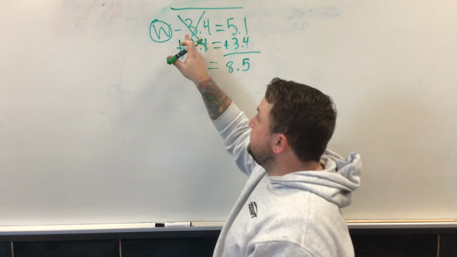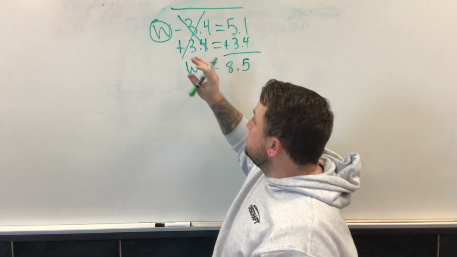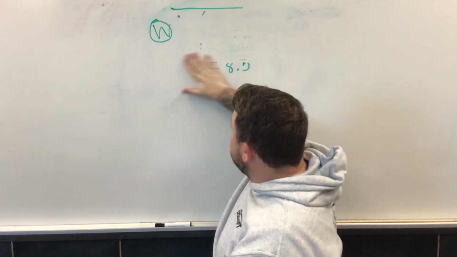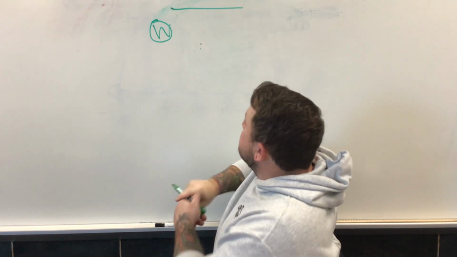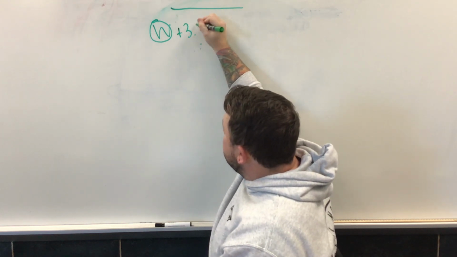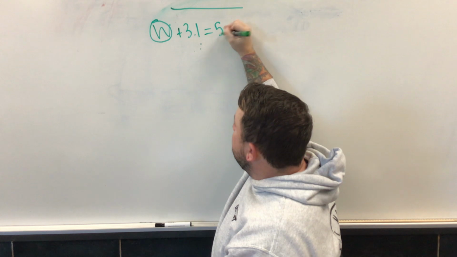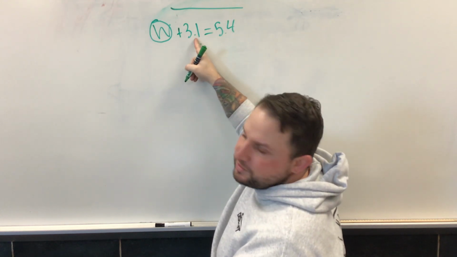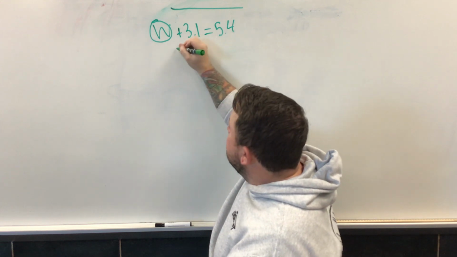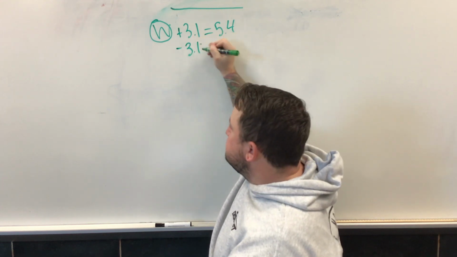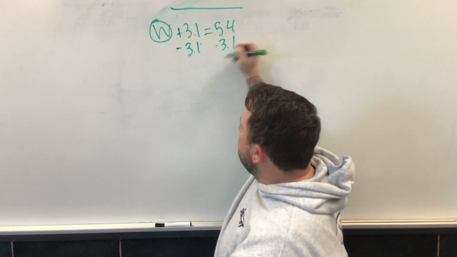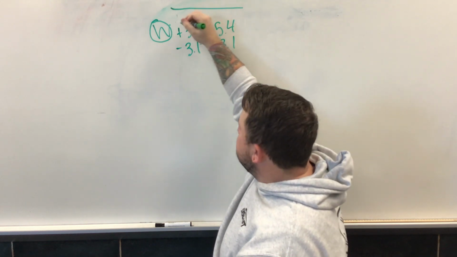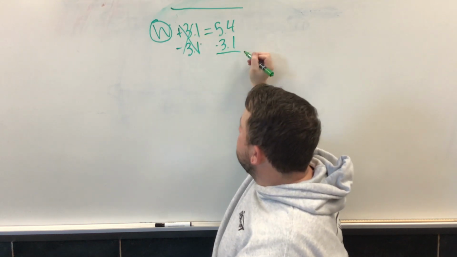If this was an addition problem, so let's just say that we did this as W plus 3.1 equals 5.4. I know I changed those numbers up. I did that purposely. This used to be 3.4. That's now 3.1. Same thing. It's the opposite. Whatever you do, your whole goal is to isolate this W. To do so, you're going to subtract.